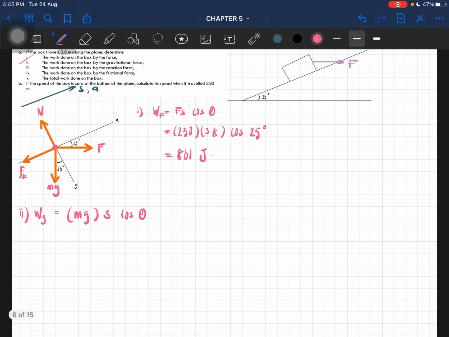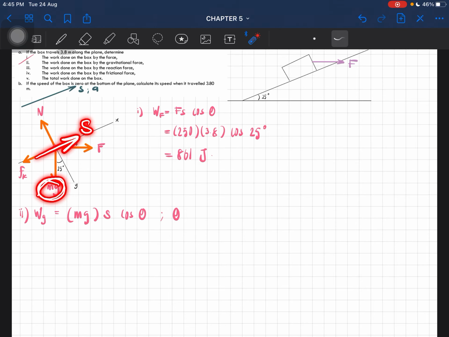Now we have to resolve this mg. We have to find this angle. So what is the angle between this displacement, this is S, with this mg here?